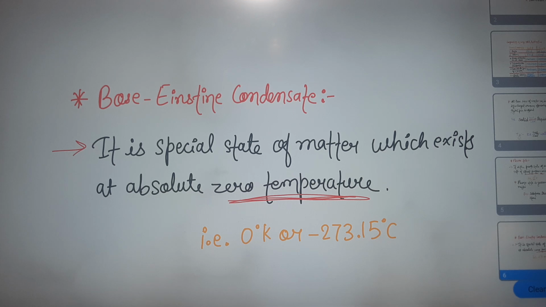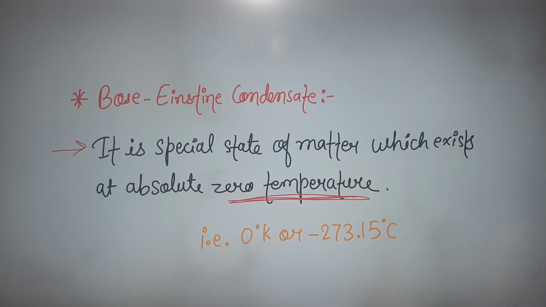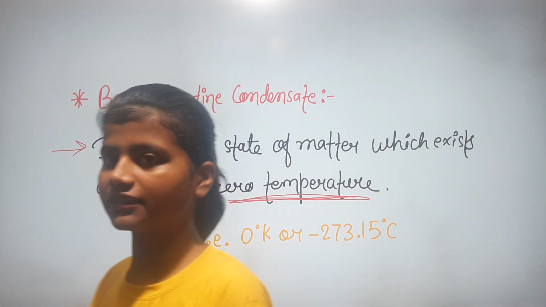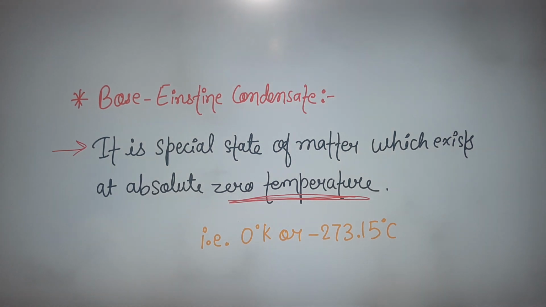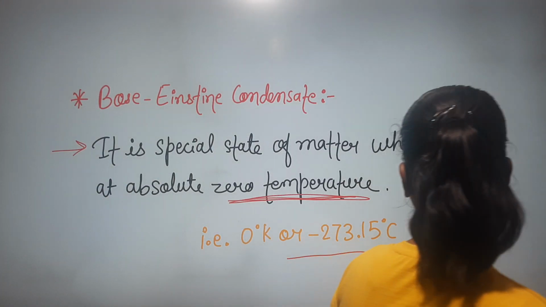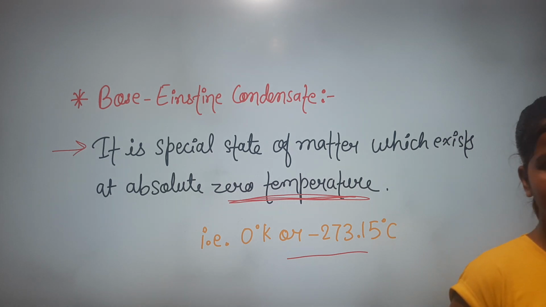After that, we discussed the Bose-Einstein condensate. It is a special state of the matter which exists at absolute zero temperature, that is 0 Kelvin or minus 273.50 degrees C.